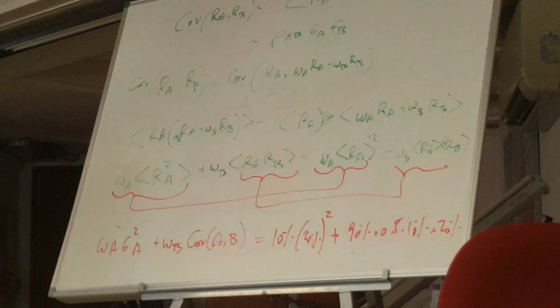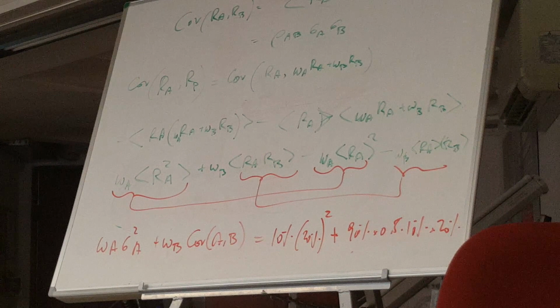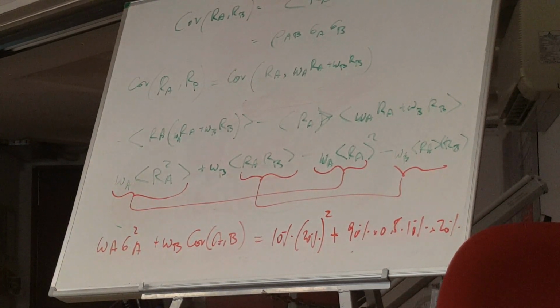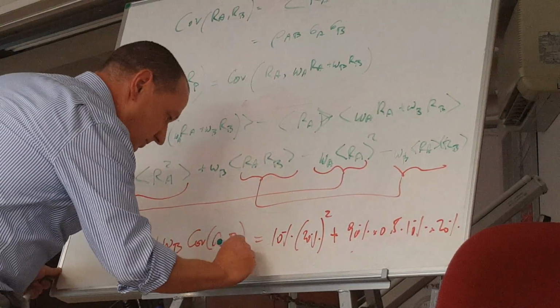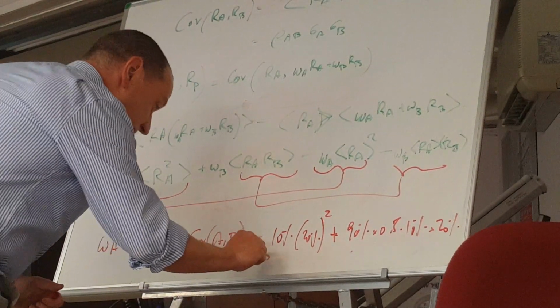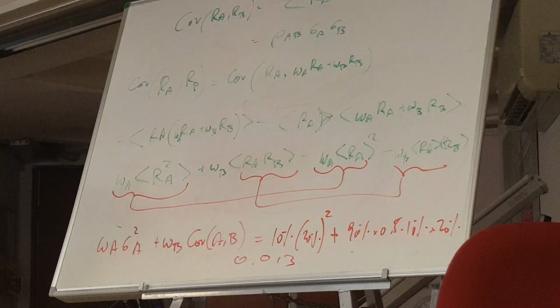So I got the numbers from the problem. This is the way to go from the correlation of two things with each other to the correlation of each of those things with a superset. And this is 0.013. Okay, just going through the numbers.